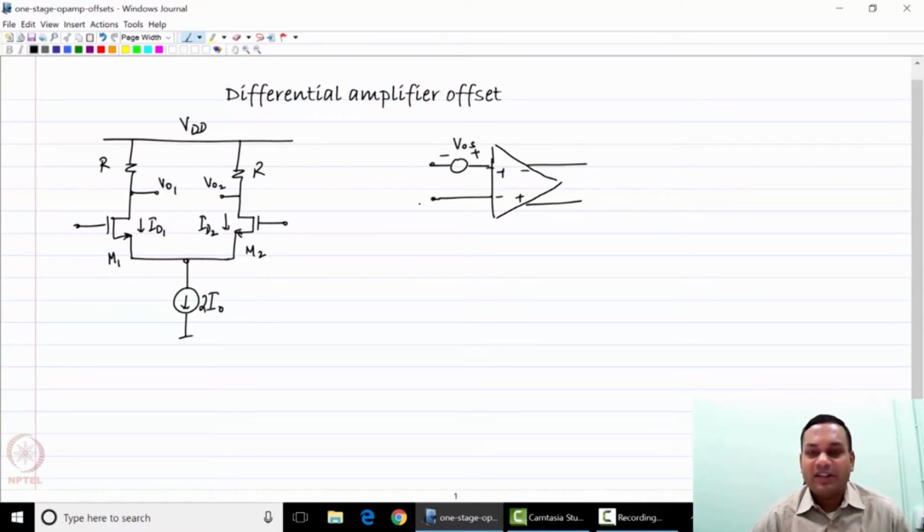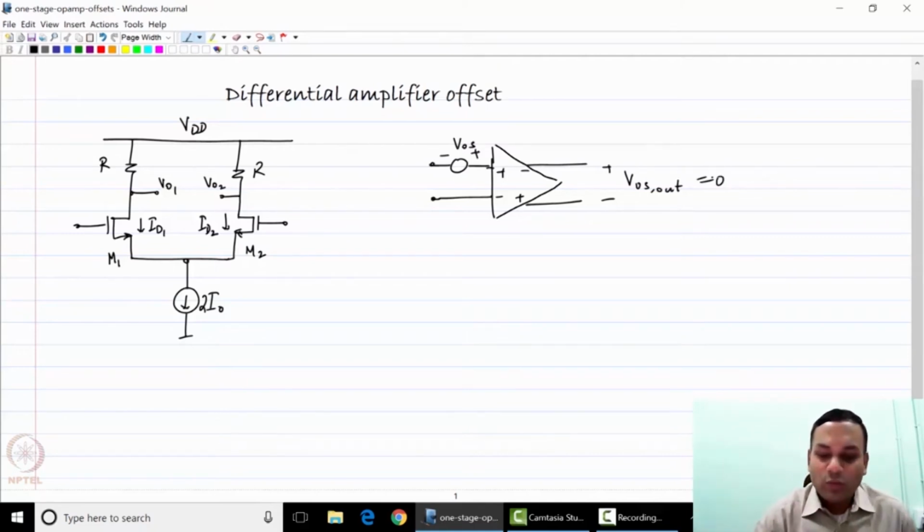Now remember, just a reminder, VOS, the input referred offset, is defined as the voltage that needs to be applied to your amplifier such that the output offset is 0.